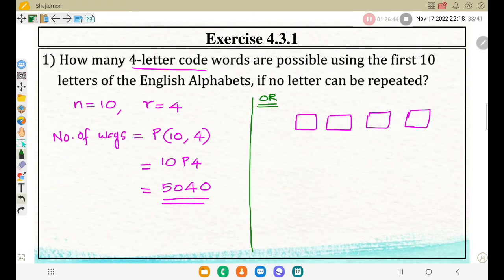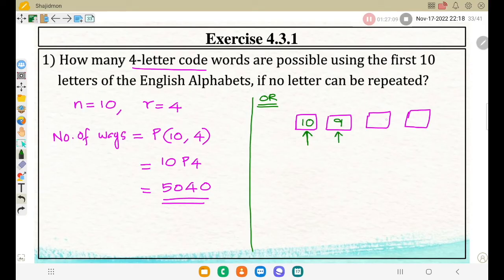Okay, the same question, as I told you, we can do another way. How many 4-letter code words are possible using 10 letters? For the first letter, how many possibilities? We have 10 English alphabet letters, so 10 possible. Second one, repetition not allowed, so 9 possible.